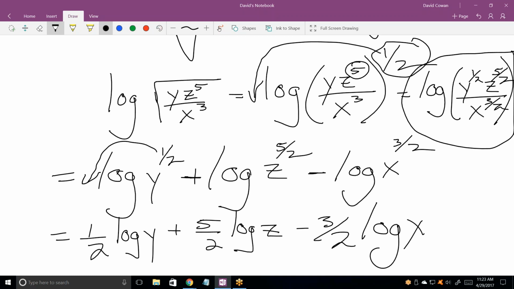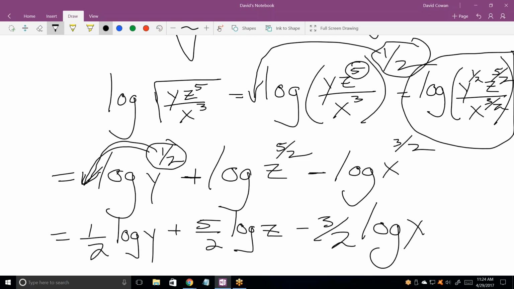To me, it made more sense to multiply exponents together first, and the very last step is where you use rule 3, bringing the exponent down in front of the log expression. And so that's fully expanded.